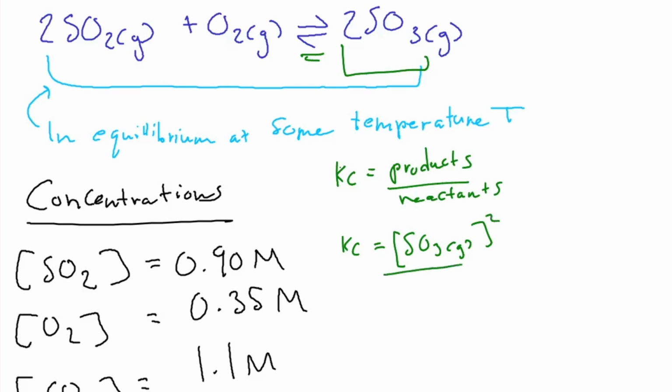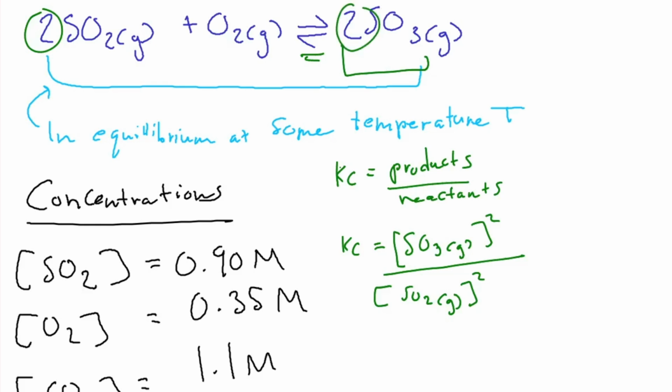And all over the reactants. What are my reactants in this case? We have 2 reactants, so it would be SO2 gas, sorry, that 3 looks off. SO2 gas to the power of 2, as why? It has 2 moles in front of it, just like this one over here.